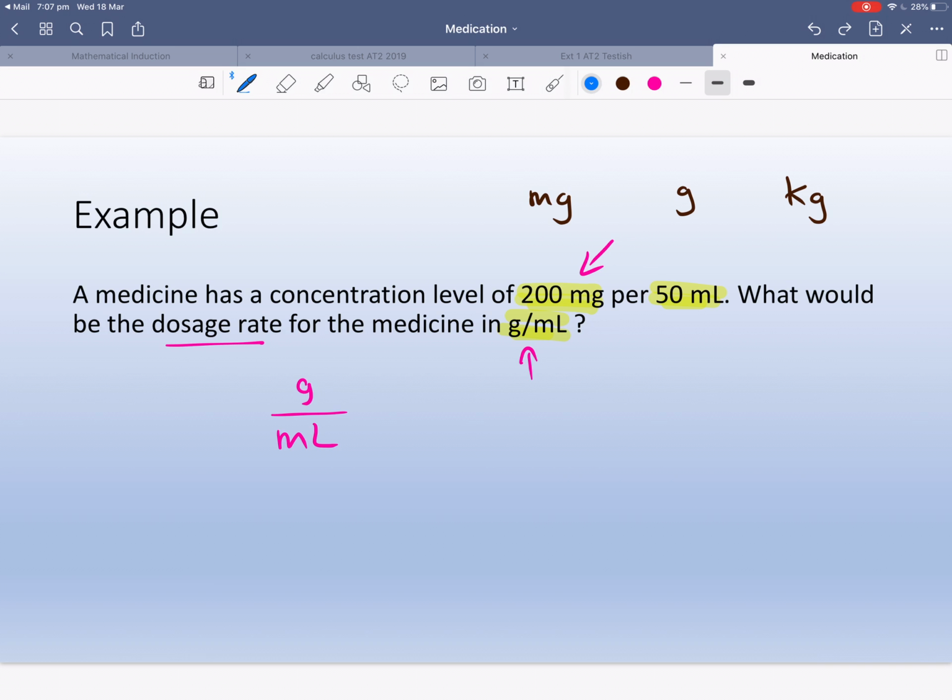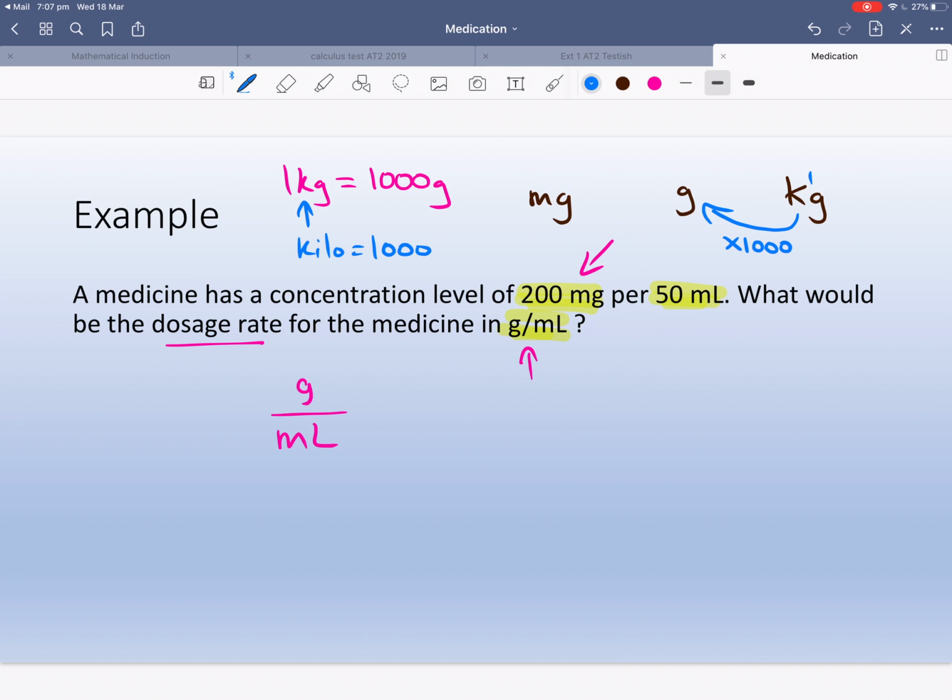Now I'm going to think of something. 1 kilogram, how many grams does it have? 1,000 grams. Many of you will know that. And kilo actually means 1,000. So if this is 1 kilogram, what do I have to do to get 1,000? I need to multiply it by 1,000.